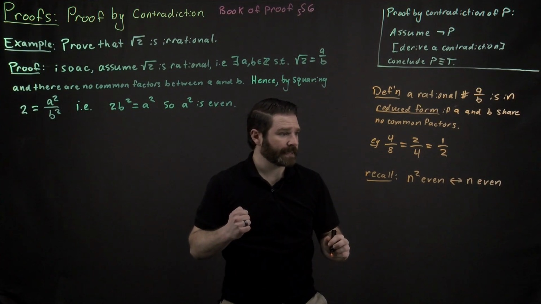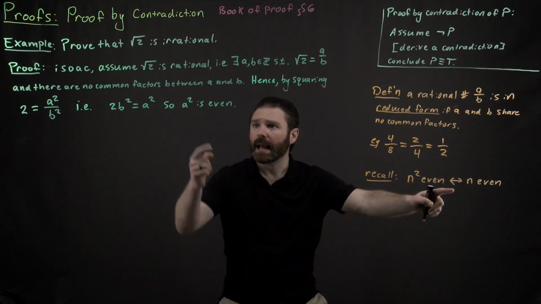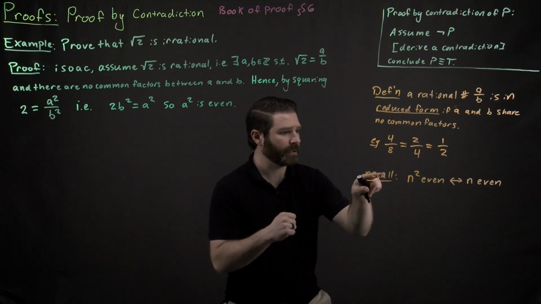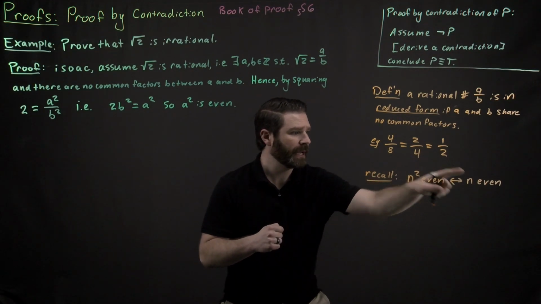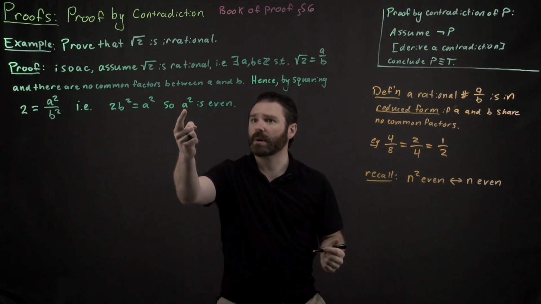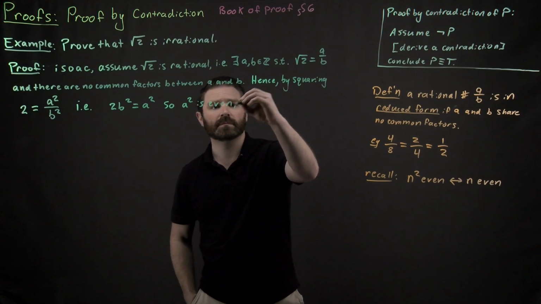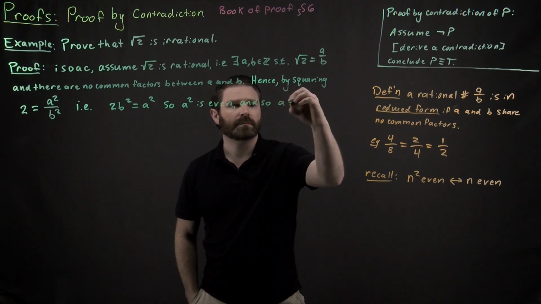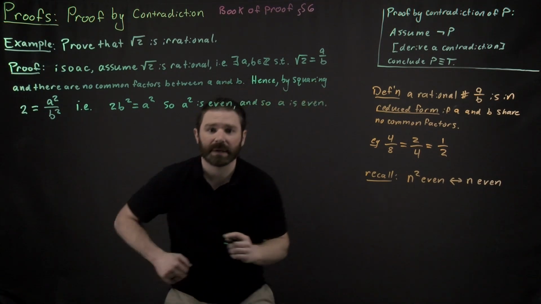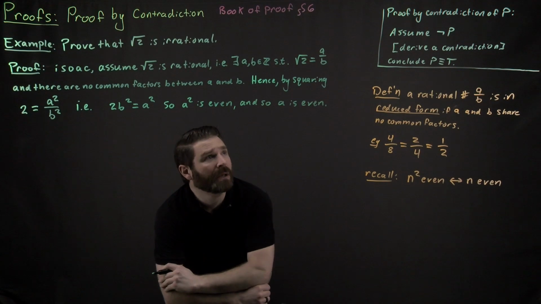So that implies that a would have to be even, right? I'm using this direction: if the square is even, then the number itself is even. So the square is even, so that means that a is even.